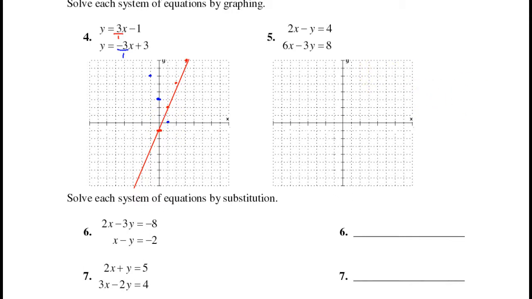So again, I want to get a nice line here. And that's the thing about graphing. When it's a fraction, it's not on a grid line. So let me study this a little bit.